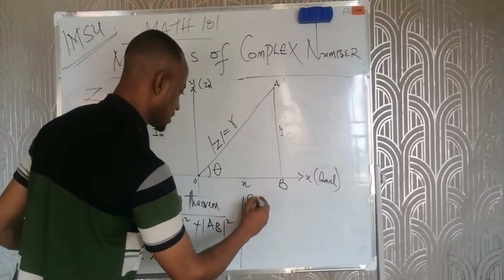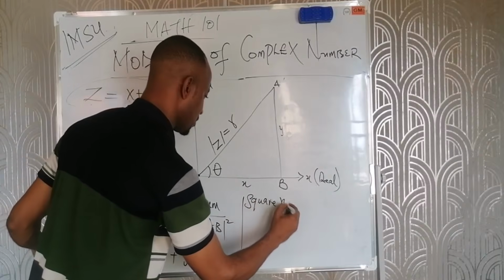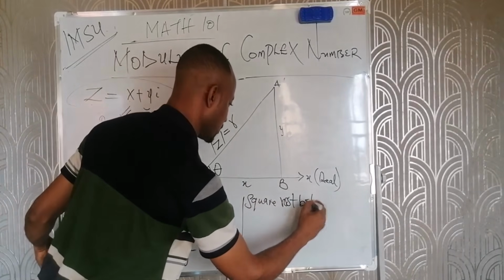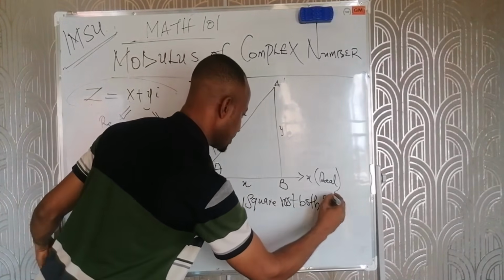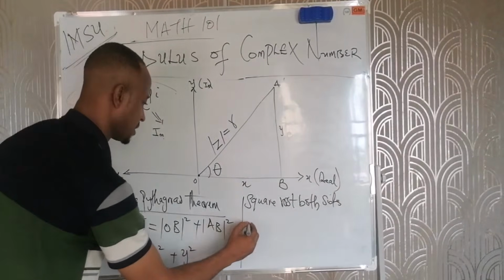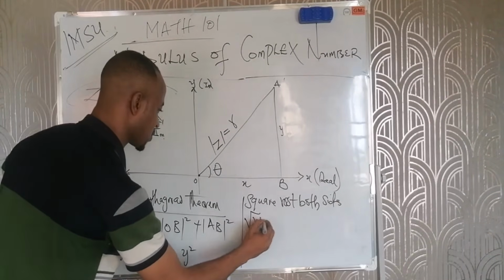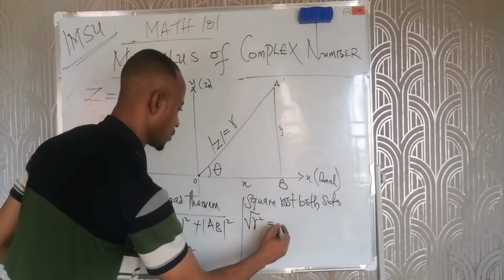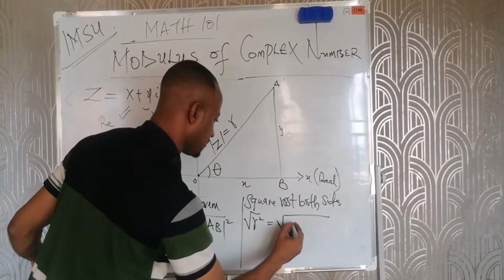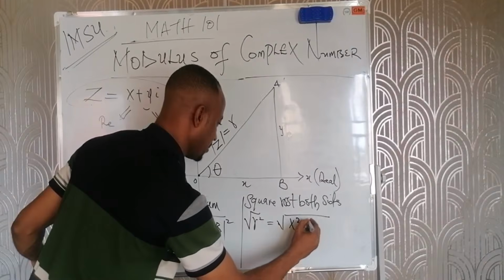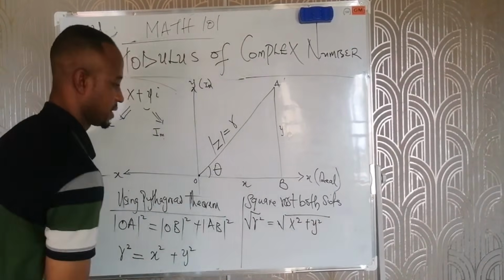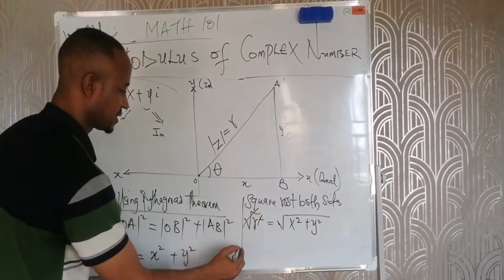Square rooting both sides gives us the square root of r squared equals the square root of x squared plus y squared. So the square cancels the square root here.